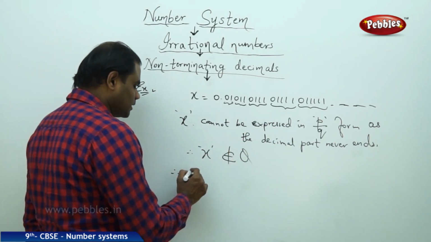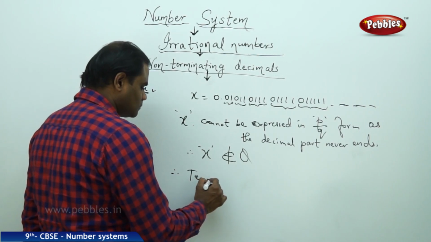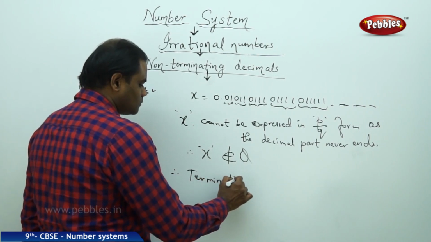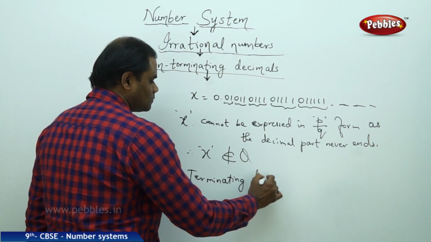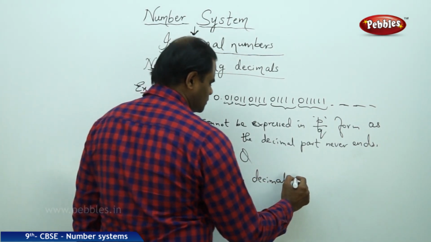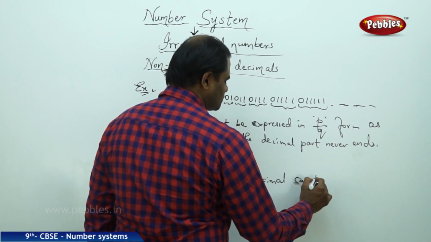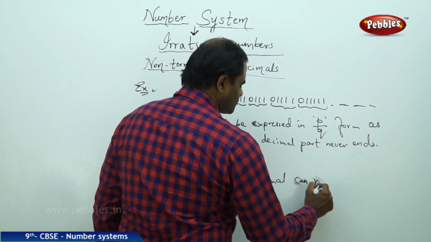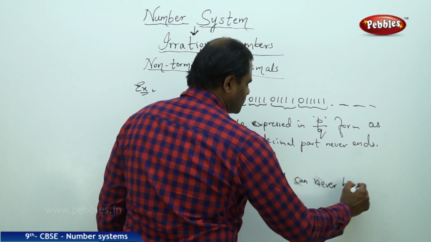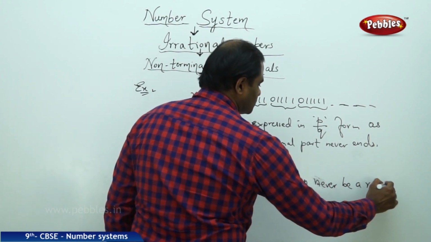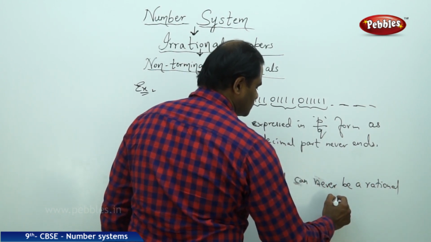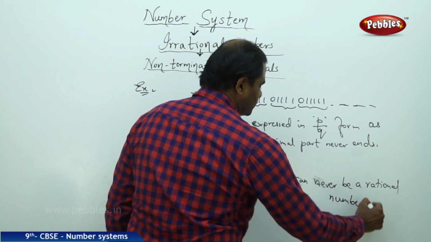Therefore, any terminating decimal can never be a rational number.